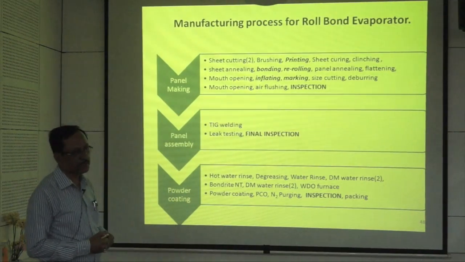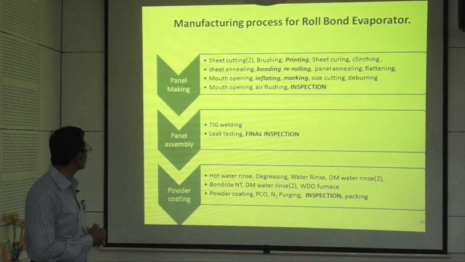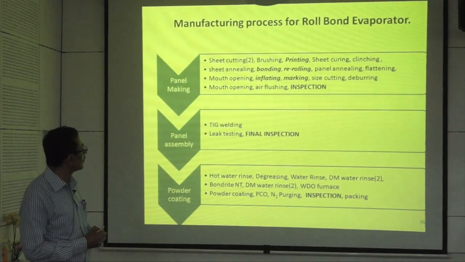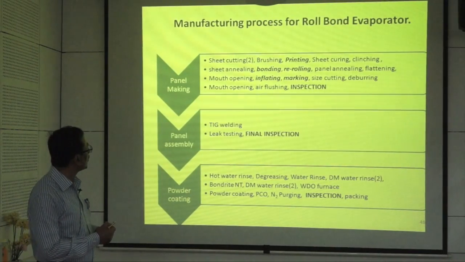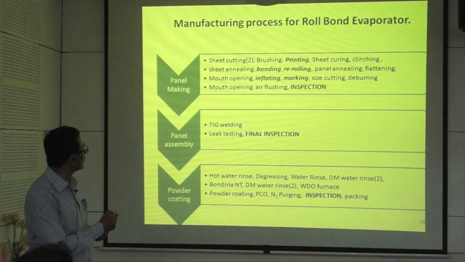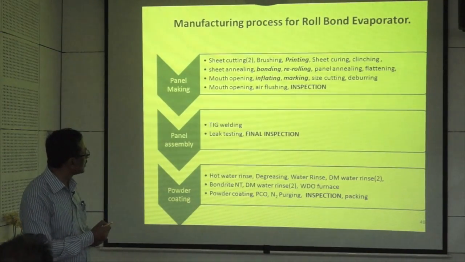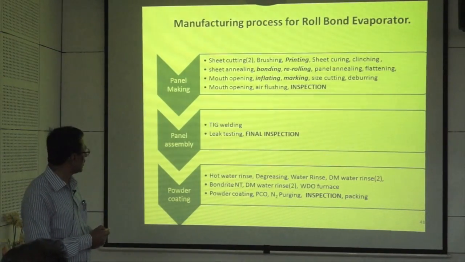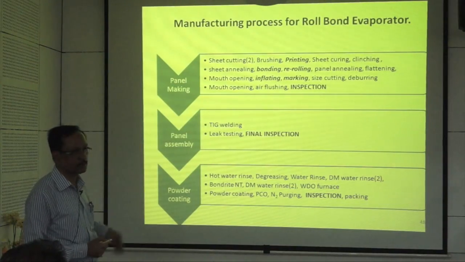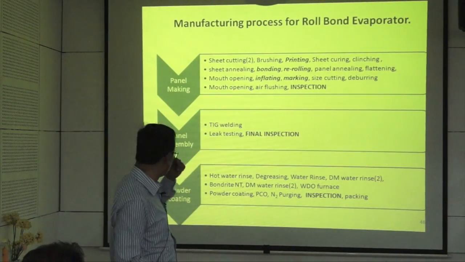These are the important manufacturing steps. First is the panel making, then the different steps. In that, the inspection is done at this stage and the inspection data is generated here. So there are 3 data: semi-finished and finished.